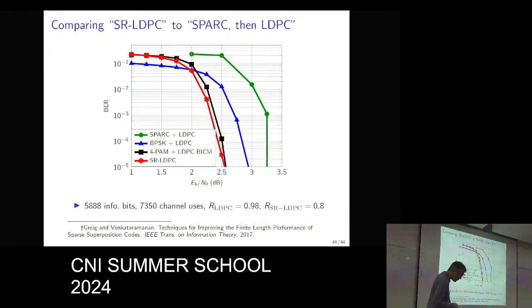If you know a little bit about channels and information theory, you know that when a channel is not so good, having a binary signal does not cost you much. But as the channel gets a lot better, there is a gap between the performance of a binary code and a code that is not binary.